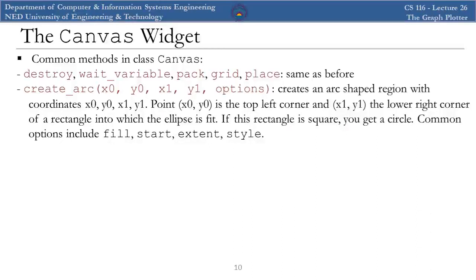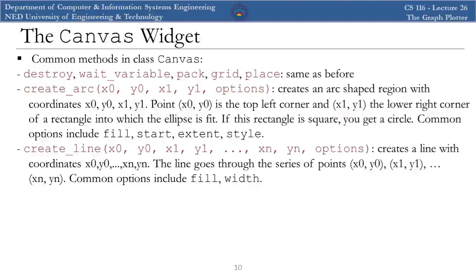And that arc is drawn within that rectangle. I'll show you an example shortly. Then you can add some options also, like you can fill your arc with some color. You can provide start and ending angles using start and extent parameters. And then there are some styling options also.